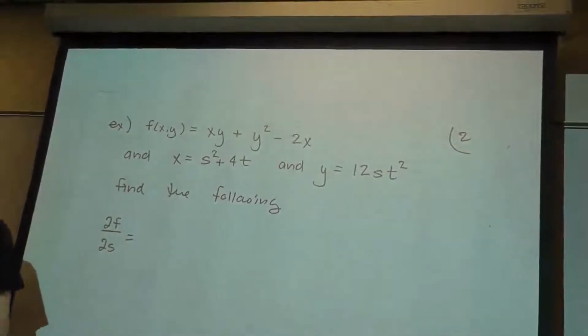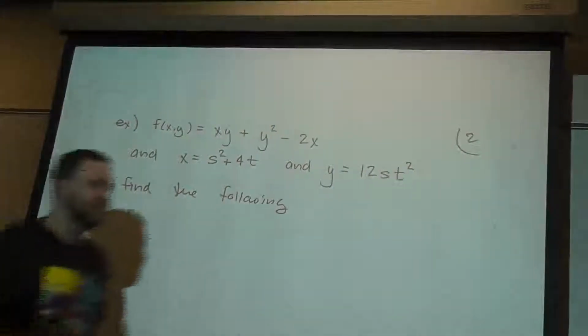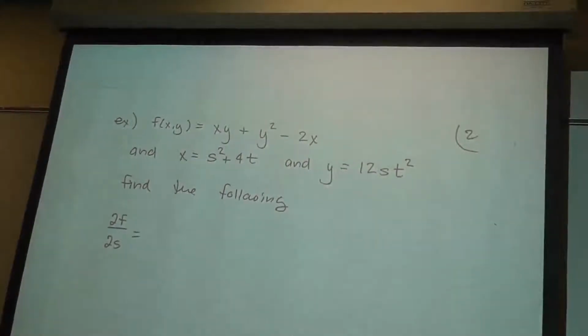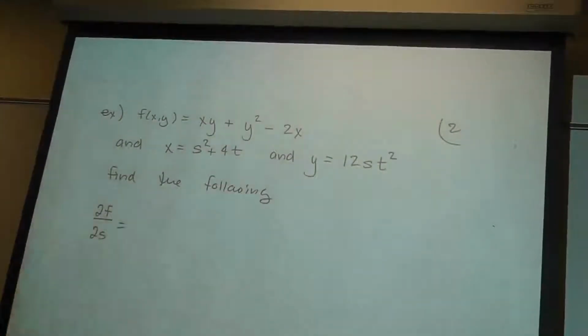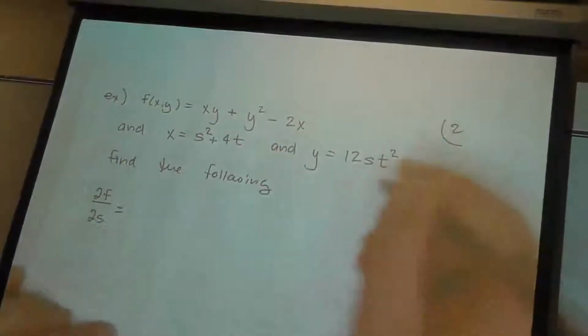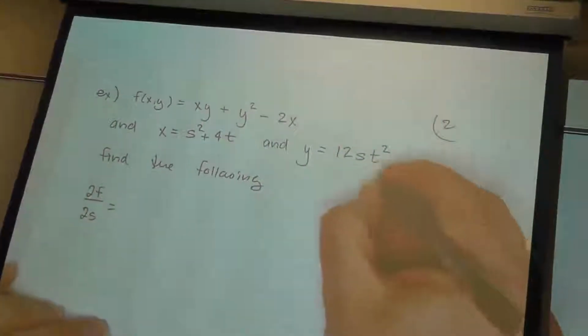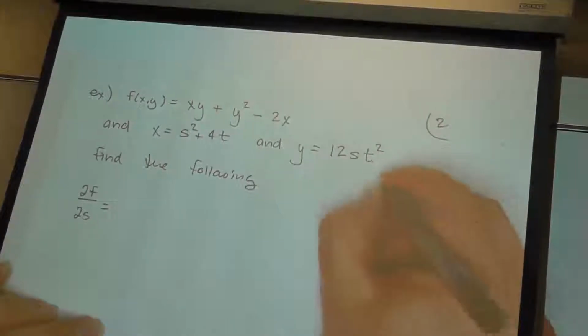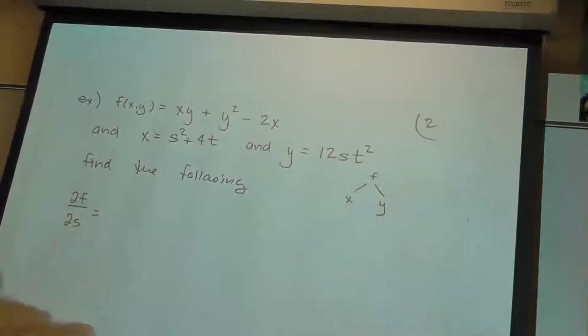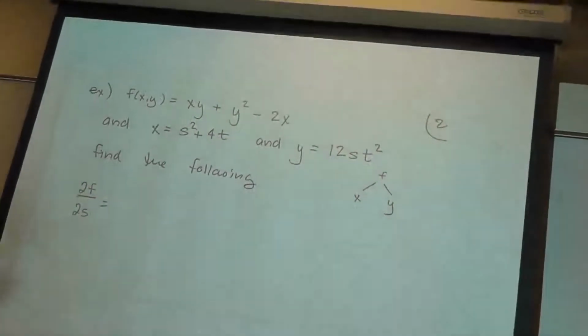Okay. So what I want us to do is evaluate a couple of the chain rule derivatives. Let me draw. I didn't really give myself room to draw the picture here. Let me make it really small because I want to at least scan this in. So I'm going to say f is the parent, and f depends on x and y. So it's pretty much the same picture as the previous page.